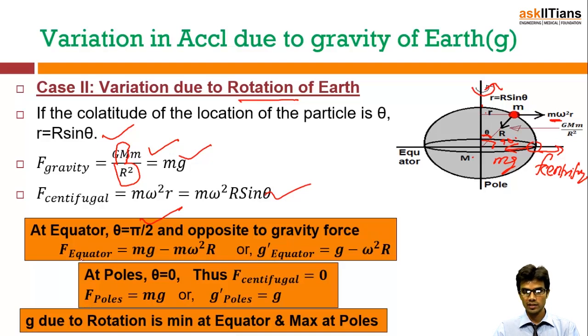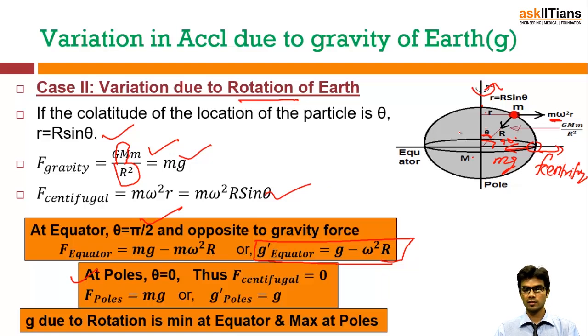So we have to divide by mass to find g equator. So g dash equator is equal to g minus omega square R. This is one of the most important formulas. g dash equator is equal to g minus omega square R, and at pole theta is equal to 0.